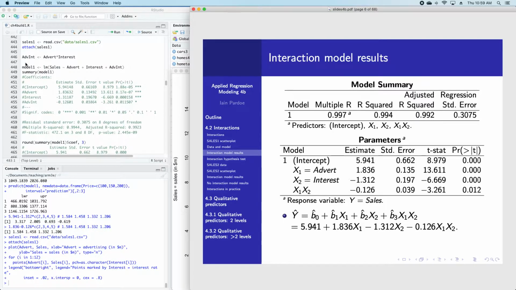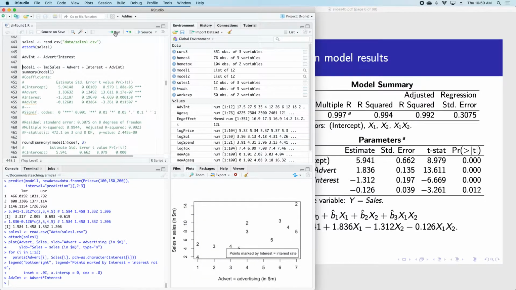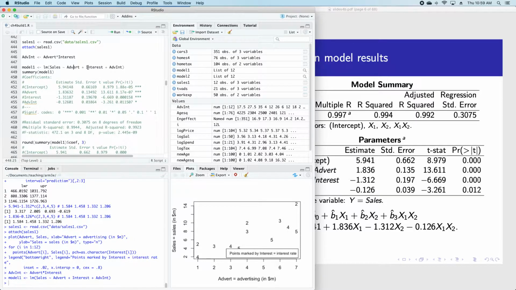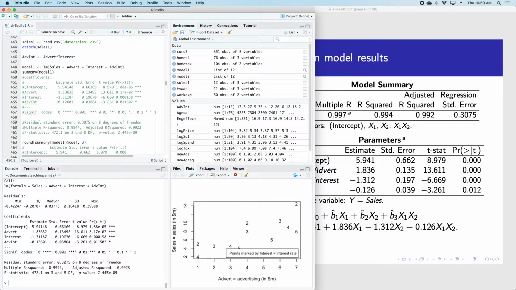So what we're going to do is create that interaction between advertising and interest, and then fit the model. So I've got advertising, interest, and the interaction. And then if I summarize the model, I'm interested in doing the hypothesis test for whether the regression parameter that goes with the interaction term is 0.